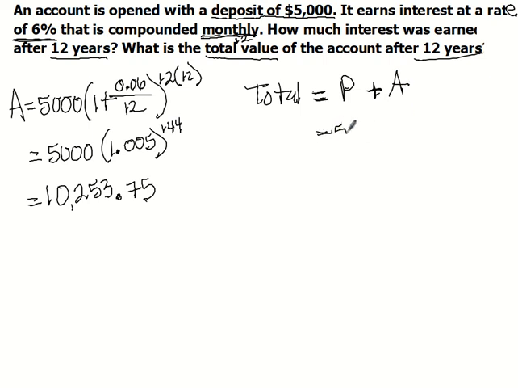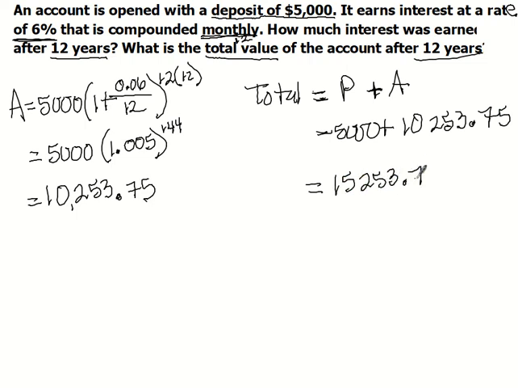So it would be 5,000 plus my $10,253.75. And so my total would be $15,253.75. And there's our two answers. Remember, with money, we always stop and round at pennies. That's a really bad money sign, I'm sorry.